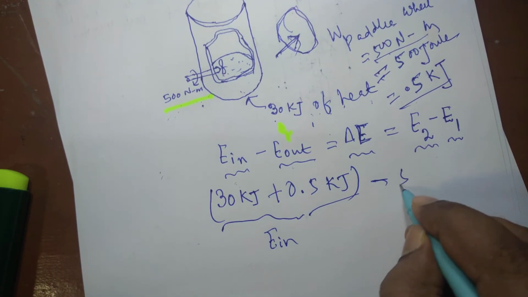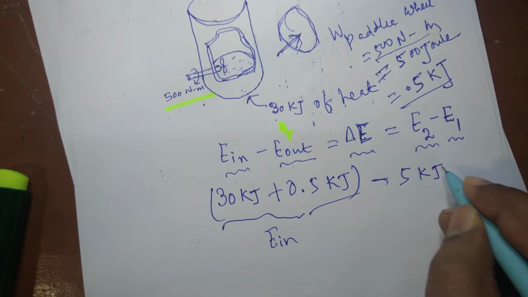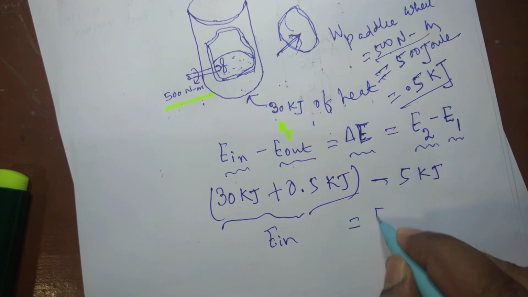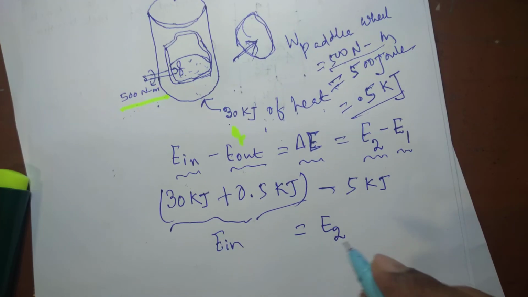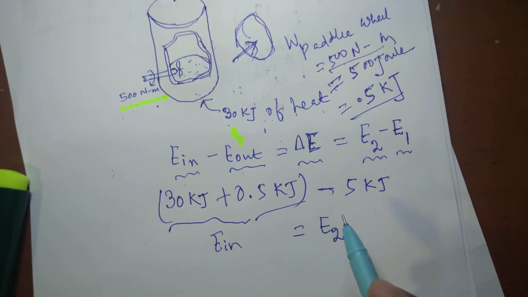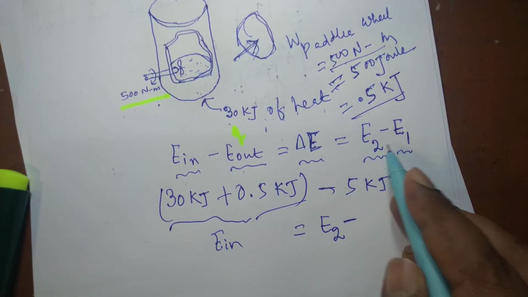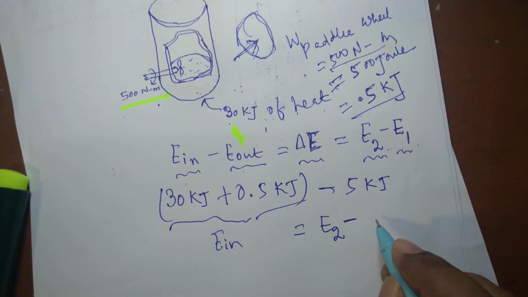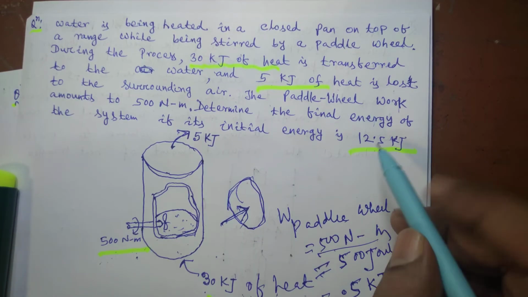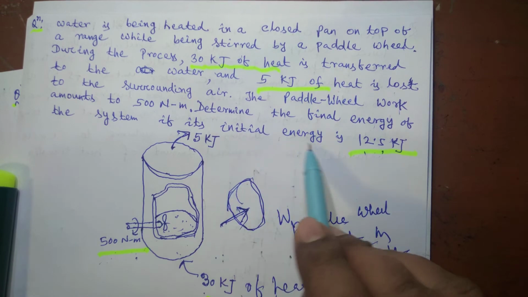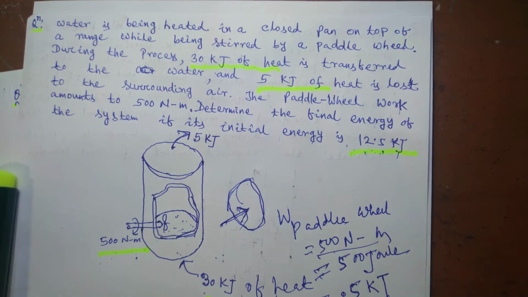So E out is 5 kilojoule. E2 is the final energy of the system. We are required to find out E2 minus E1, and E1 is given to be 12.5 kilojoule. The initial energy of the system is 12.5 kilojoule.